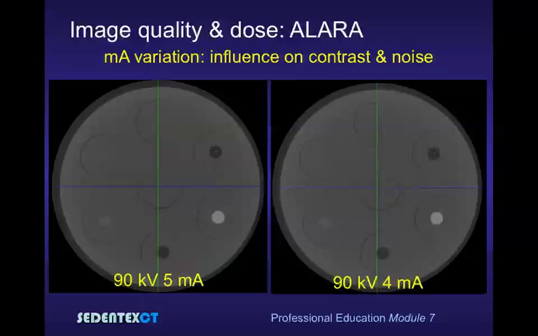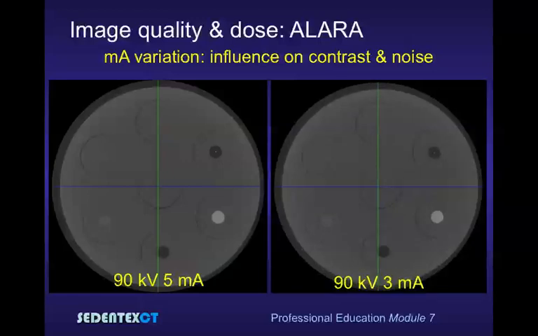The picture on the left was taken at 90 kilovolts and at 5 MA, the recommended exposure for this particular machine. All the subsequent pictures are also taken at 90 kilovolts, but with a reduced milliamperage. Here at 4 MA, you can see very little difference in the image quality on the phantom.